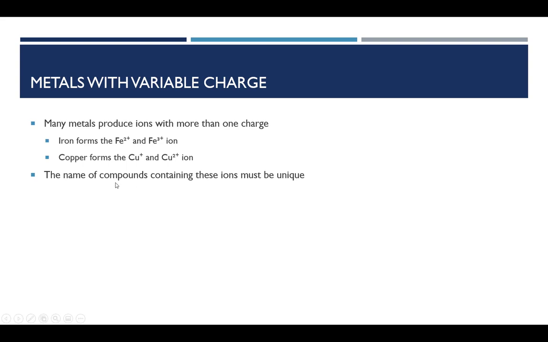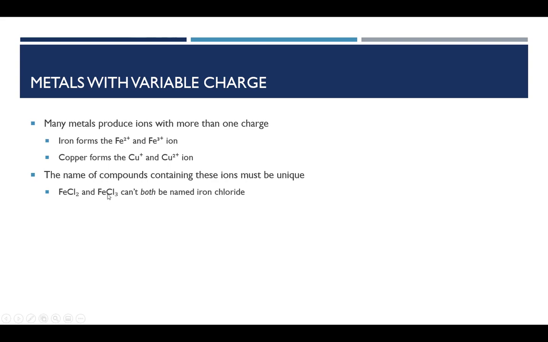Now, this means we're going to have a problem, because all of these ions, for example, could combine with chloride. And so the first iron ion with 2+ charge would make this compound, and this ion here would make the compound with 3 chlorides. Why 2 and 3?